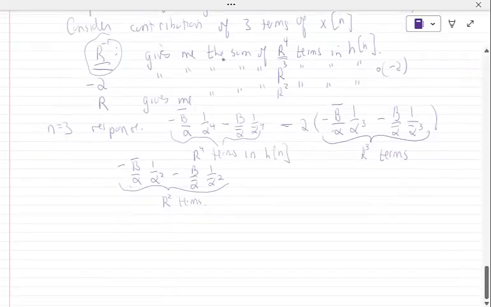So the total result, I can group by minus beta bar over alpha, because that's going to be 1. And then I'll also have a minus beta over alpha, that's going to be 1. And you can see what it is. The first term is going to be 1 over alpha to the 4th. Second term is going to be minus 2 over alpha cubed.